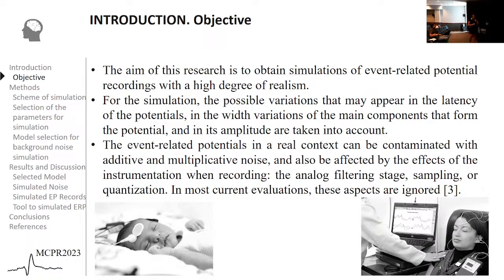The event-related potential in a real context can be contaminated with additive and multiplicative noise, and also be affected by the instrumentation used for recording: the analog filter, sampling, or quantization.